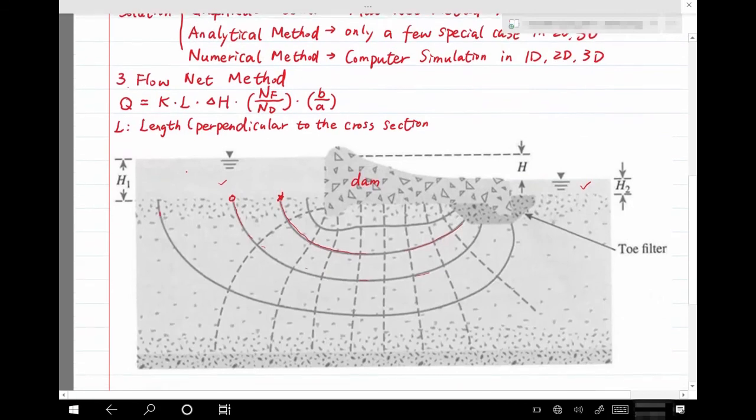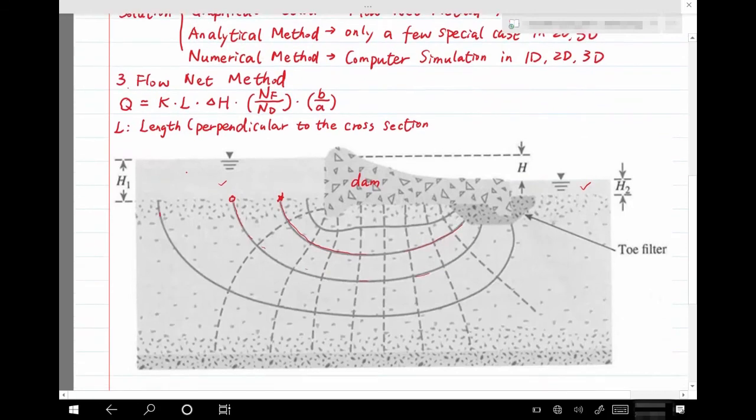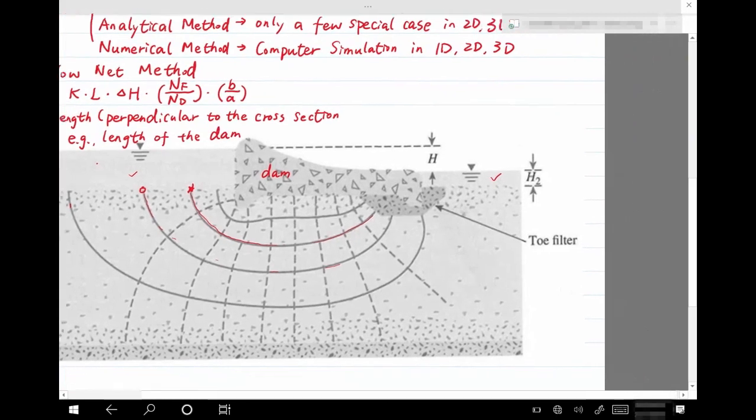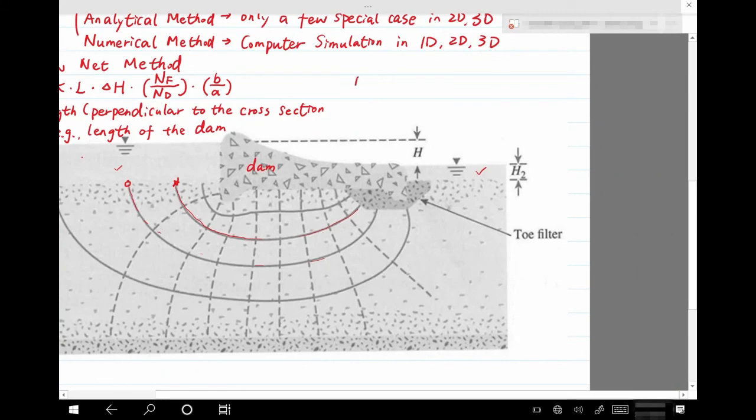So in this case, in the following example, this is a cross section. And L is actually the length of the structure or the flow field perpendicular to this cross section. So you can view it as the length of the dam. So in the following example is actually just the length of the dam.